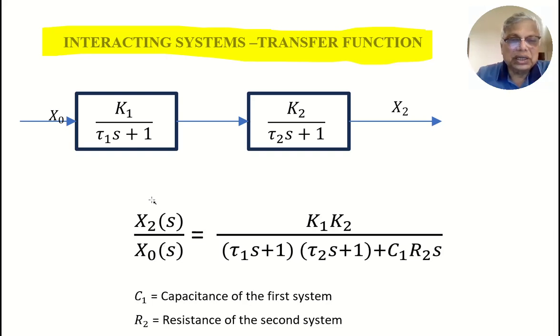Now, unlike non-interacting systems where the overall transfer function is simply the product, in this case the overall transfer function is given by this equation. If you compare this with the overall transfer function of two non-interacting systems in series, you find that there is an extra term C1R2S in the denominator.